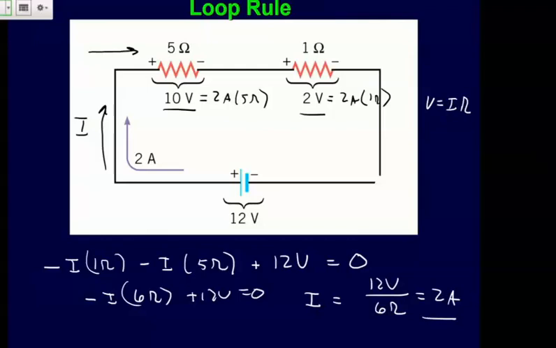The same thing would have happened, and in your equation these would have been positive, and here I would have gotten negative 2 amps, which is just saying, hey, you guessed your direction of current wrong. It should go the other way. So this is a very mathematical thing, and it's very flexible. Any way you choose to do it will work. There's no particular way you have to go around the loop. Other questions?